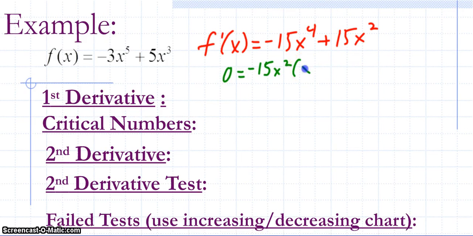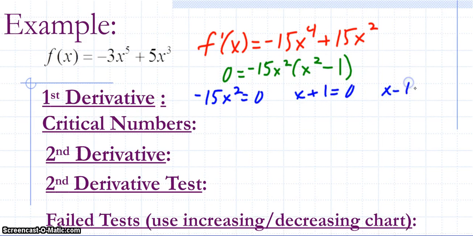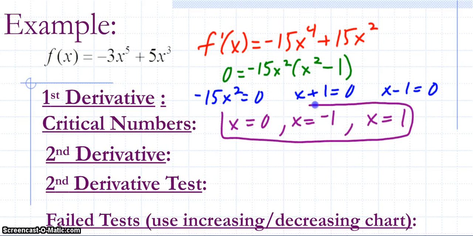So I'm going to be left with x squared minus 1. So I factored x squared minus 1 into x plus 1 and x minus 1. That's where the x plus 1 equals 0 and x minus 1 equals 0 come from. So I get x equals 0, x equals negative 1, and x equals 1. So those are my critical values.